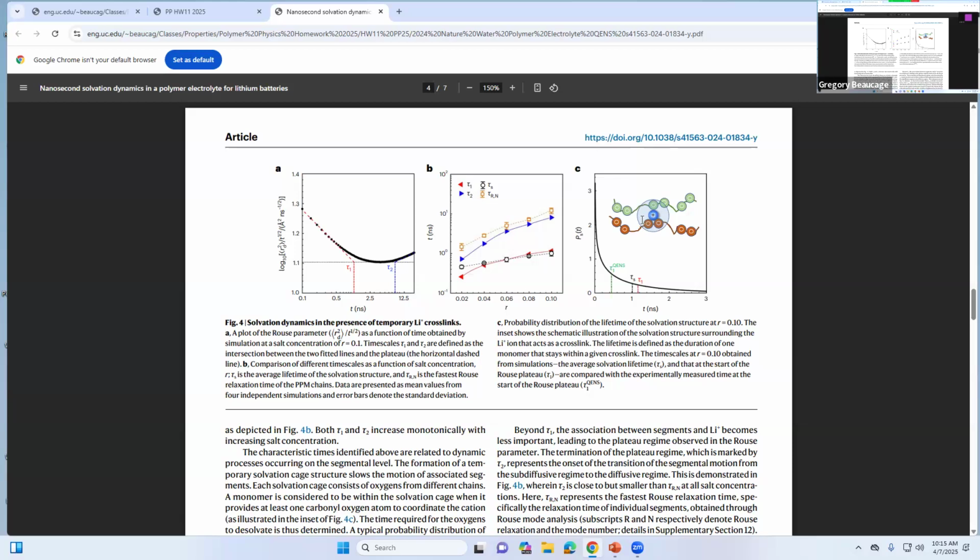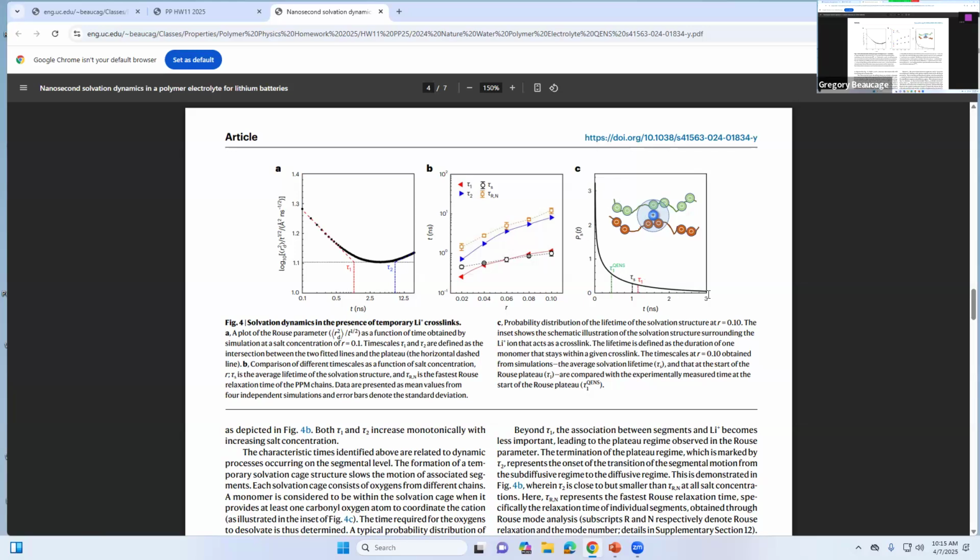In the simulation, you say, tell me how many of the carboxyls are within this distance of lithium. If it's that distance or less, that's an association, so I take that as 1, and if it isn't, it's 0. I sum those up and divide by the total number of carboxyls to get this probability. So that's how they get it from the simulation, I think.